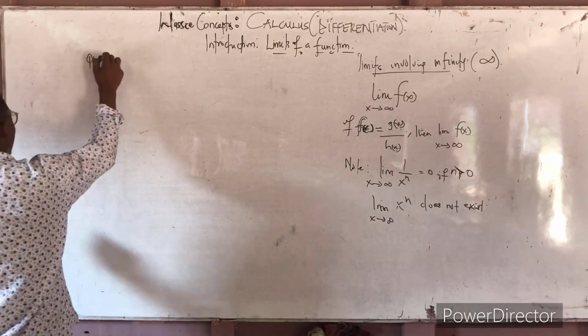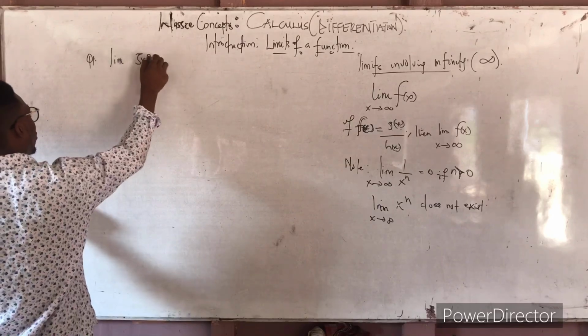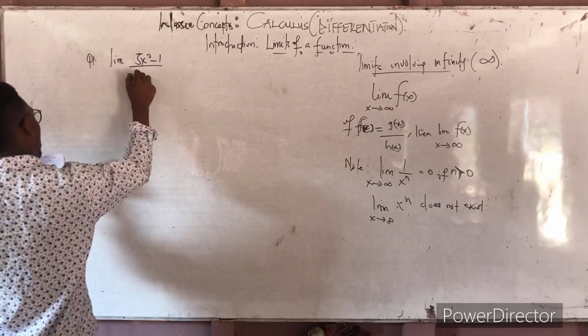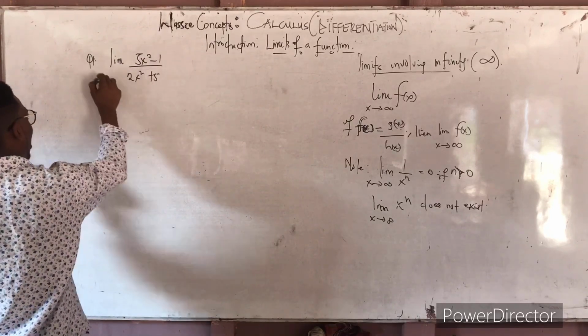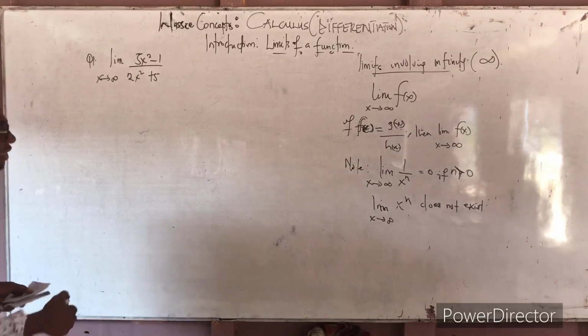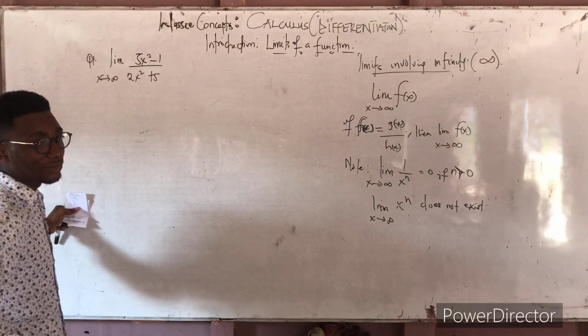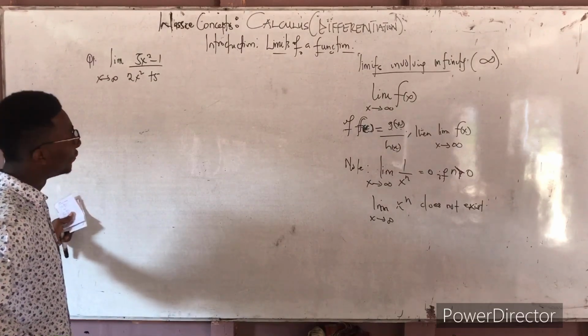Okay, so example 1 says we should find the limit of 5x squared minus 1 all divided by 2x squared plus 5 as x approaches infinity. We are asked to find this limit.